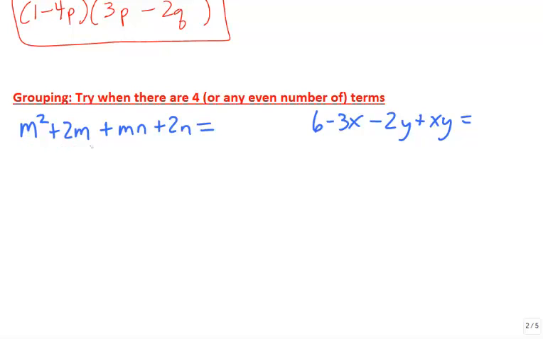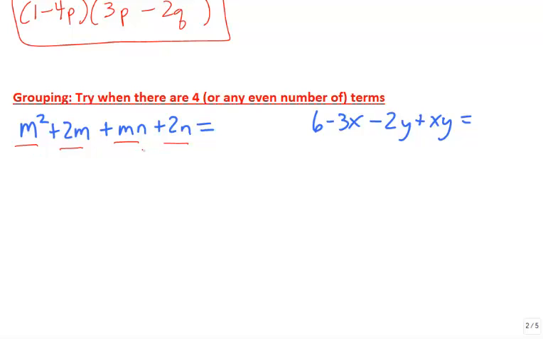So for example, in this problem right here, I have 1, 2, 3, 4 terms. And there's no GCF because if I look at all 4 terms together, all 4 of them do not have an M, all 4 of them do not have an N, and all 4 of them do not have a constant in common. So this does not have a GCF.